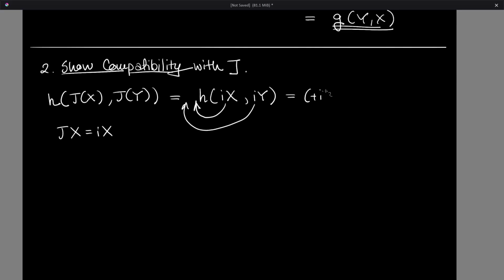So plus i minus i times h of xy, which is obviously plus 1, so this is h of xy.